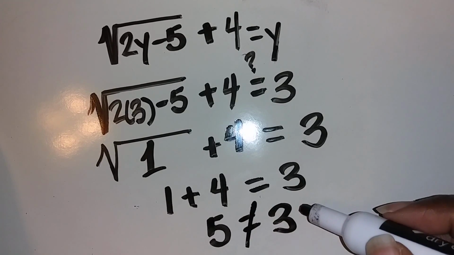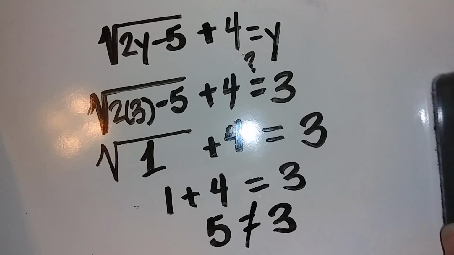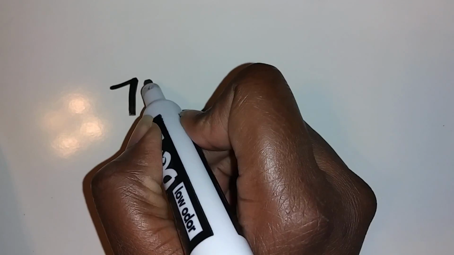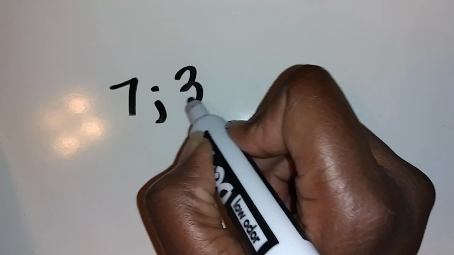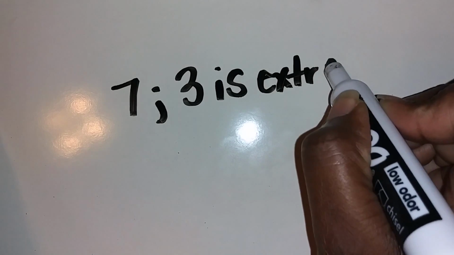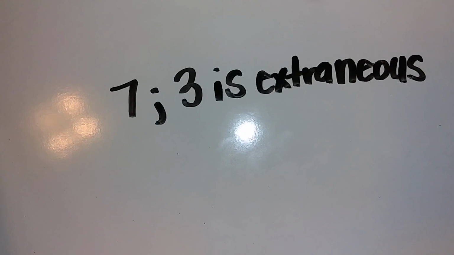So the way I would write this answer, 3 is not a solution. 7 was. The way I would write this final answer, and this is the way the textbook does it, I would say 7, 3 is extraneous. And we know 3 was extraneous because we know 3 does not equal 5. 3 will never equal 5. So that is very, very easy to do.